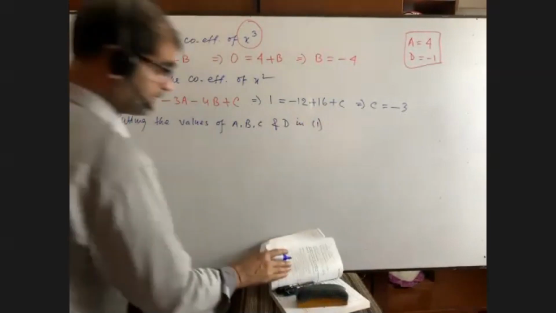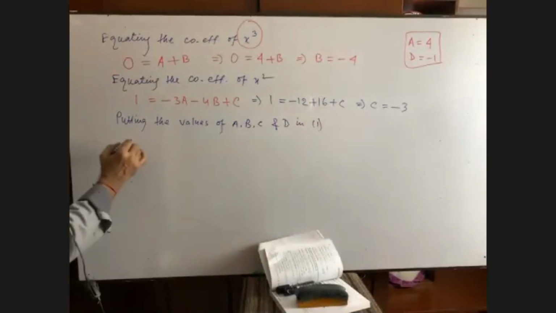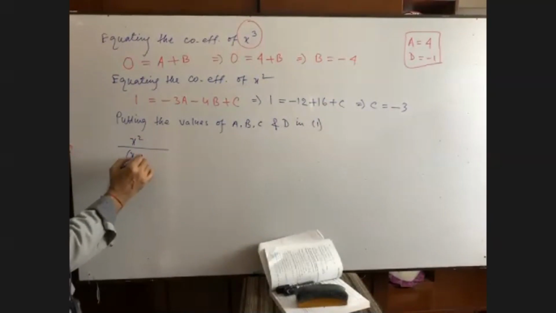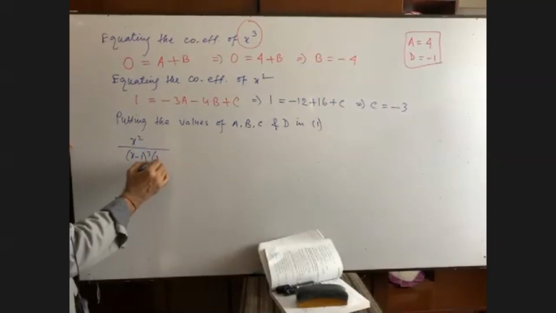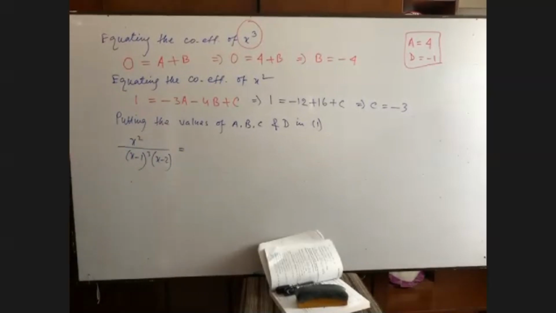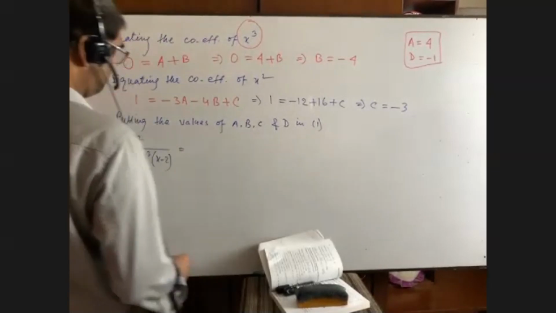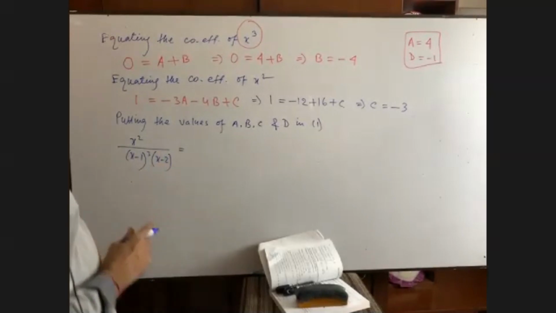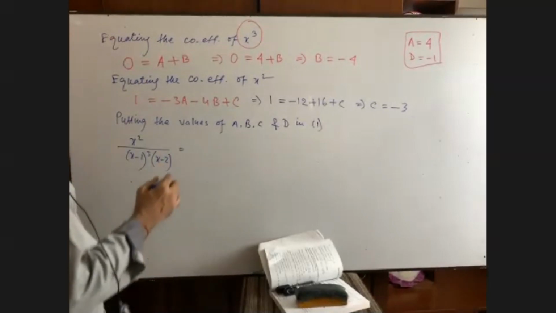What was the left hand side? The left hand side was x square by x minus 1 whole cube into x minus 2, is equal to A by x minus 2. What is A? A equals 4. So 4 by x minus 2.